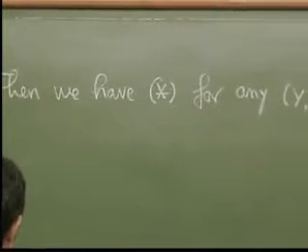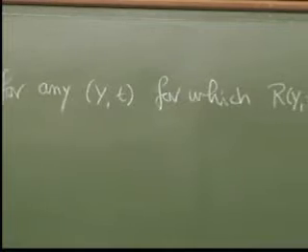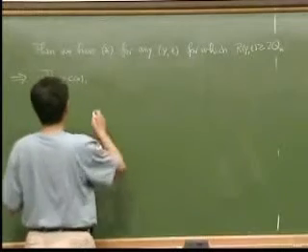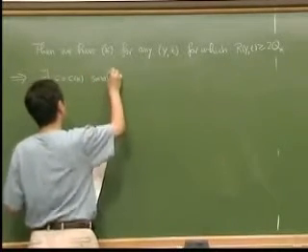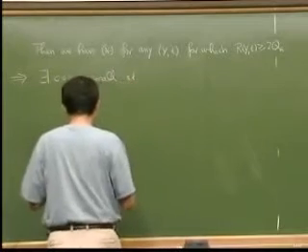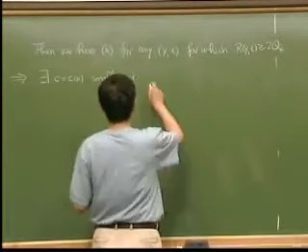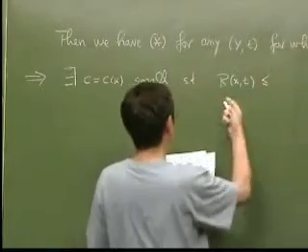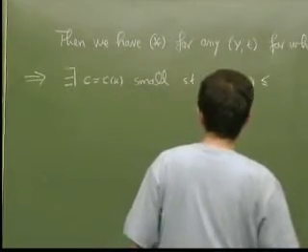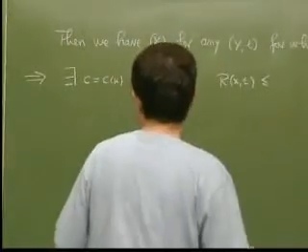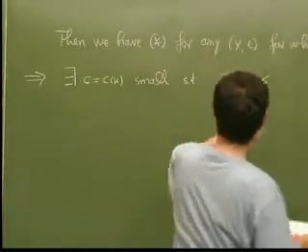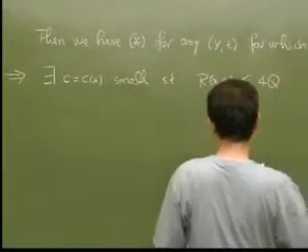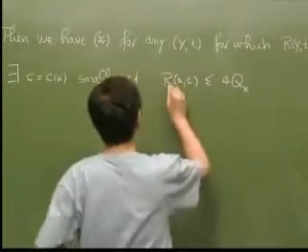So that implies there is a small constant depending on your kappa, such that R(x,t) is less than or equal to... So when it's sufficiently big, this scalar curvature is always non-negative. So this is 4 times Q_k. Okay, so this is for g_k.